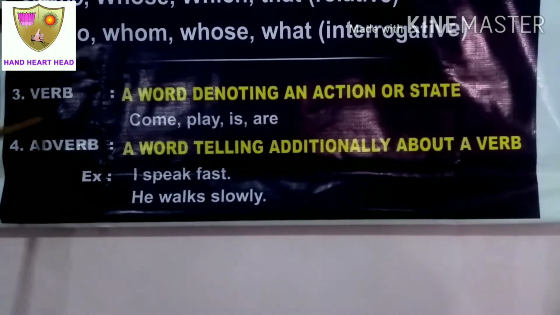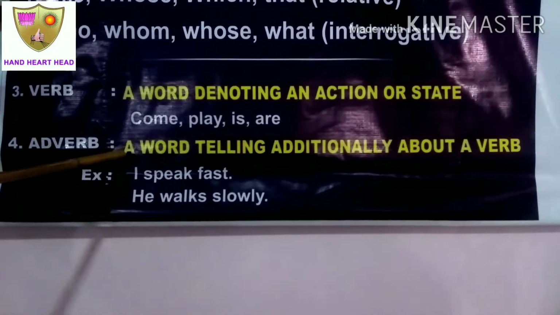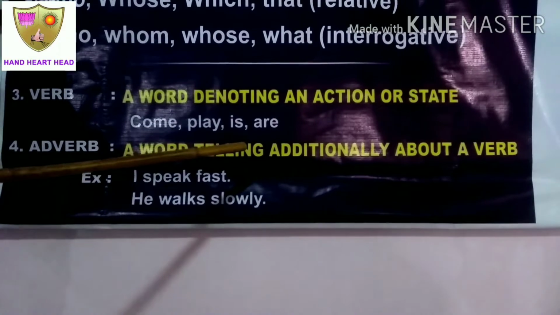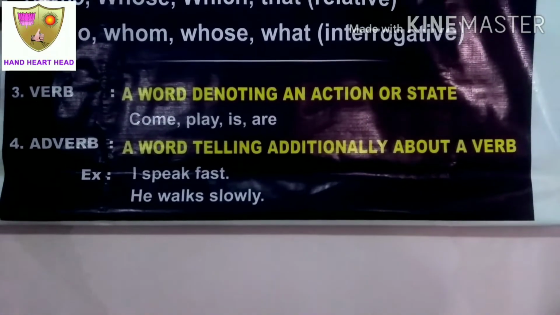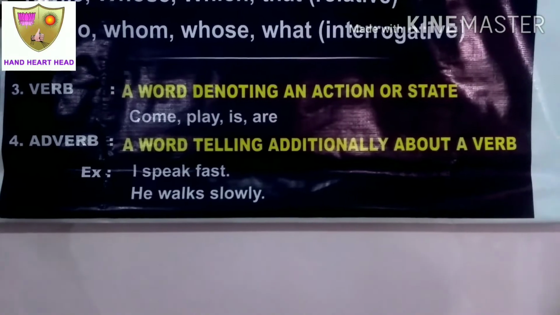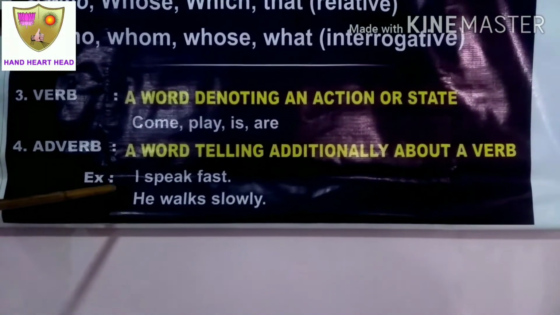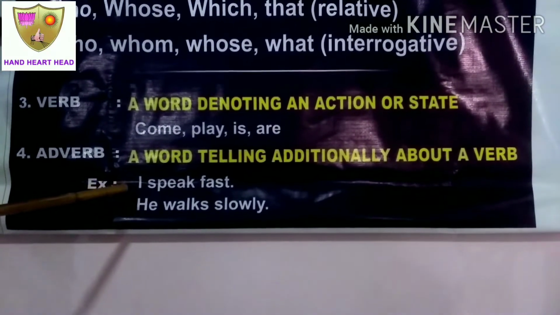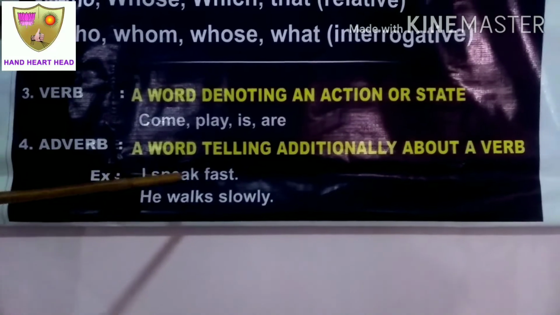The next one, adverb. An adverb is a word telling additionally about a verb. verb பற்றி நம்ம அடிஷ்னலாக என்ன சொல்கிறோமோ அதுக்கு பேர் adverbனு பேர். I speak, நான் பேசுகிறேன். I speak fast, எப்படி பேசுகிறேன்? ஃபாஸ்ட்டாக பேசுகிறேன். Fast is an adverb.